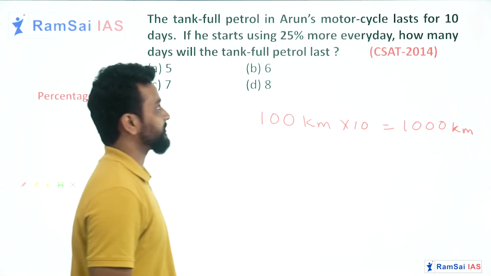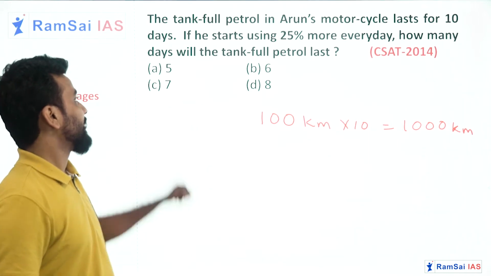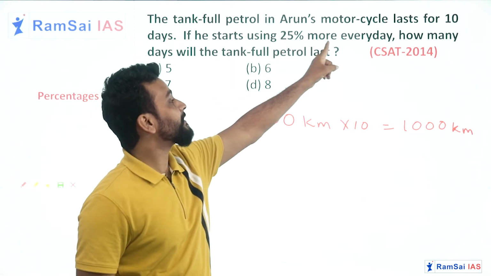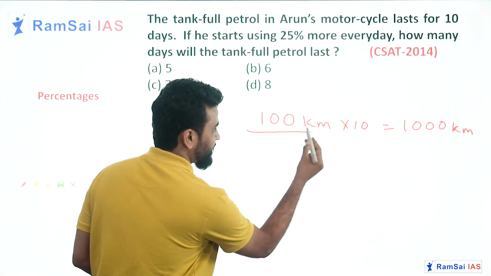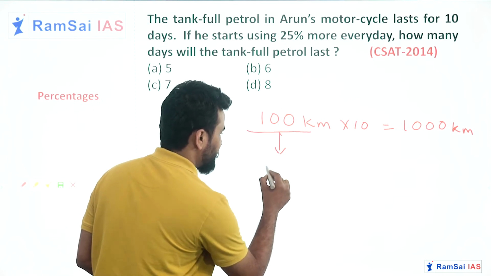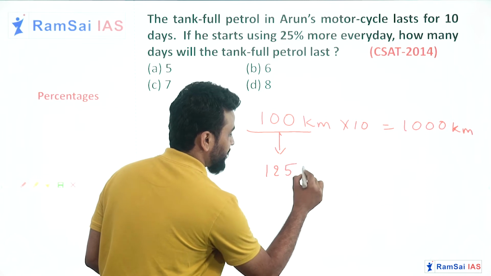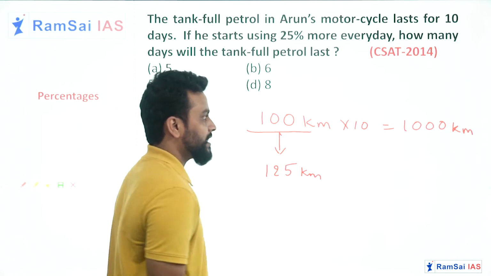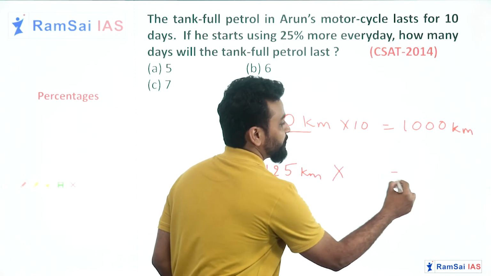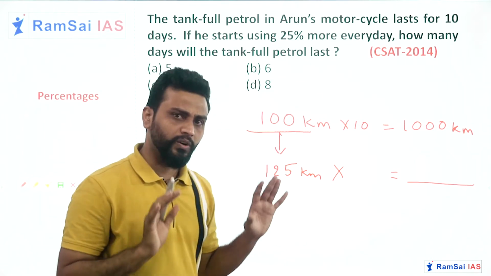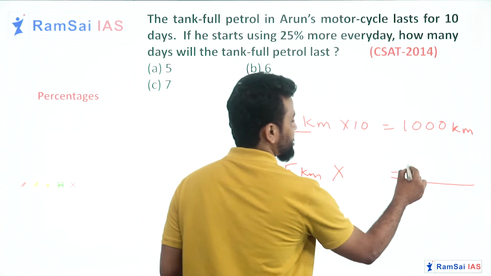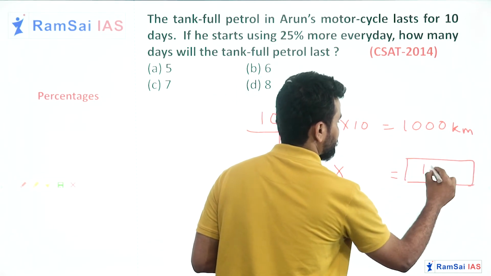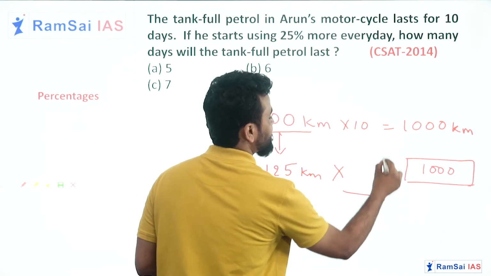But if he starts using 25% more every day, he's traveling 125 kilometers. And here the fuel is not changing. He has to go only 1000 kilometers with the fuel, right? So by keeping this 1000 constant, how many days can he travel?